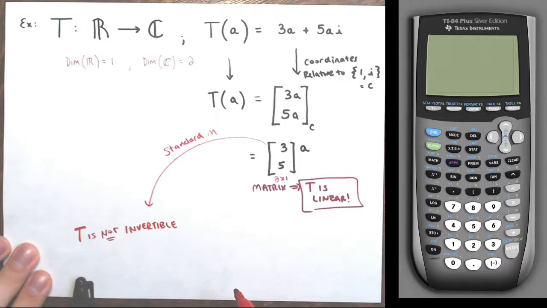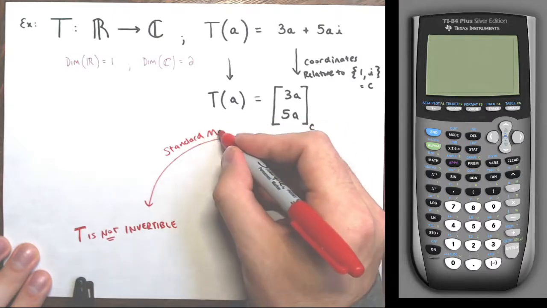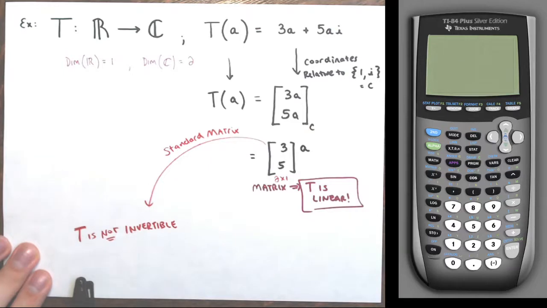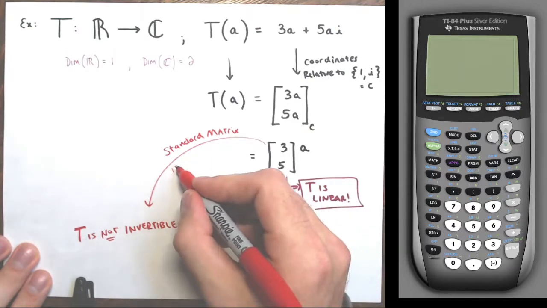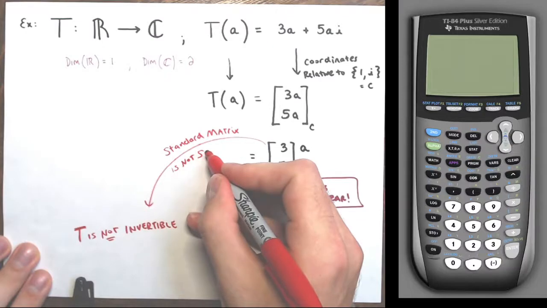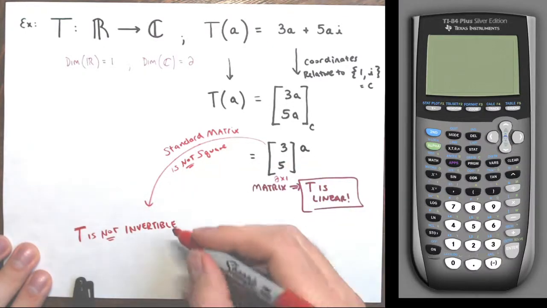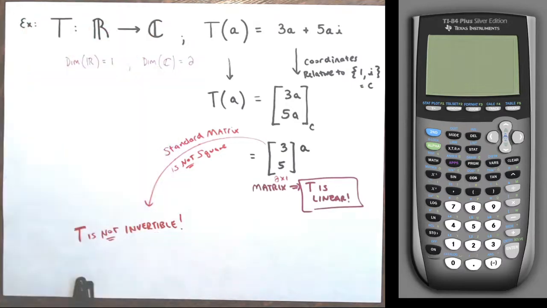Just because a matrix is square doesn't mean it has an inverse. You've seen that before as well, I'm assuming, if you've gotten this far in the material. The standard matrix is not square, so it couldn't have an inverse. So this is not an isomorphism. Homomorphism, you abstract algebra people out there know what I'm talking about.